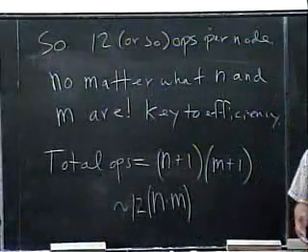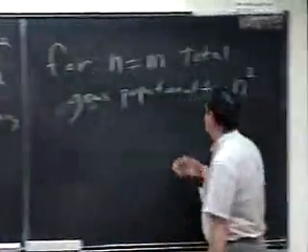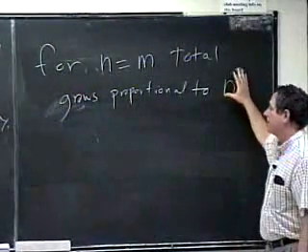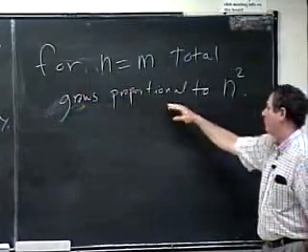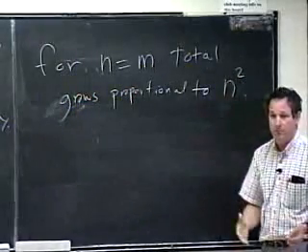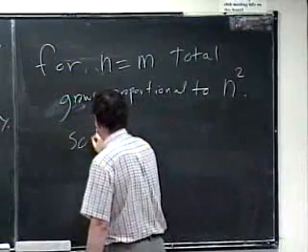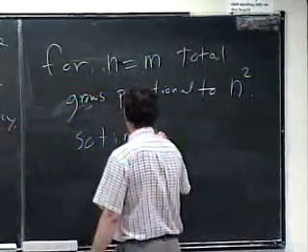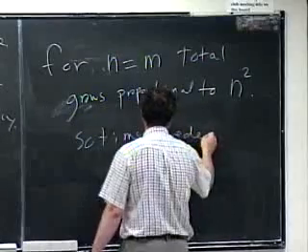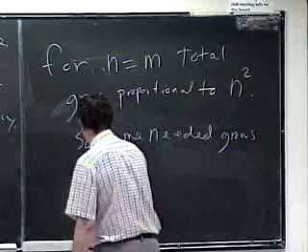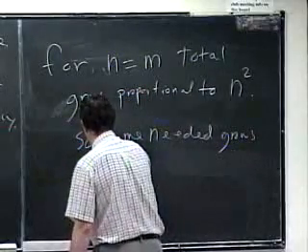So the total number of operations is proportional to n squared, and therefore the time needed by the method grows proportional to n squared.